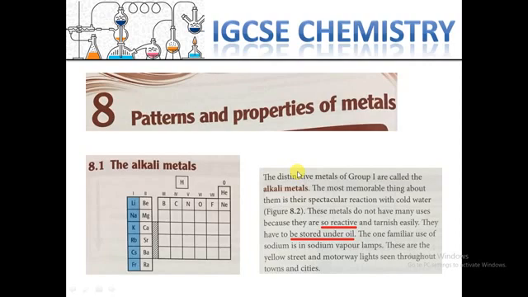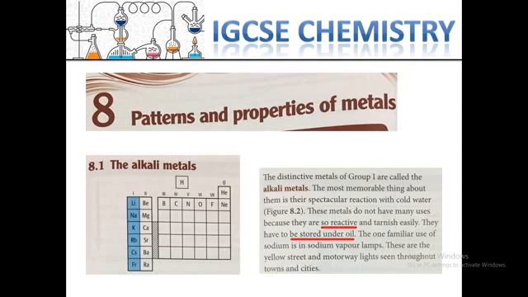They are so reactive because they are located in the first group, and the reason why they are so reactive is attributed to their electronic shell, because they tend to lose only one electron, which is easy for an atom, for an element, to lose, so it is reactive.